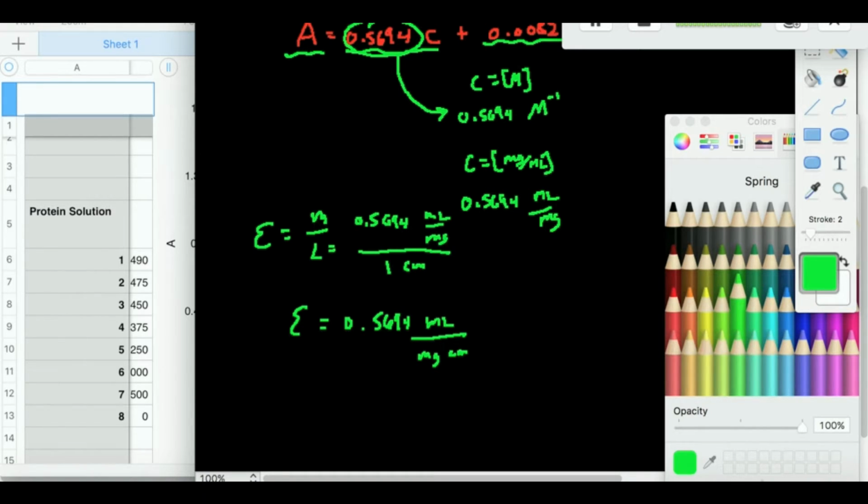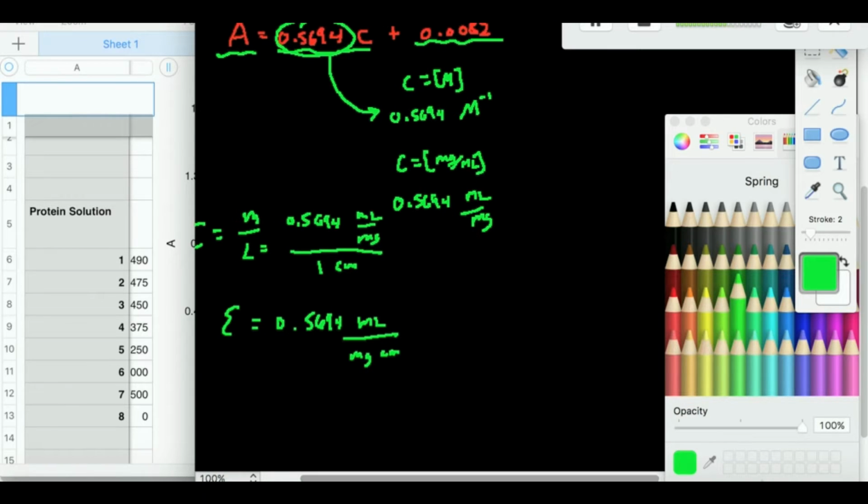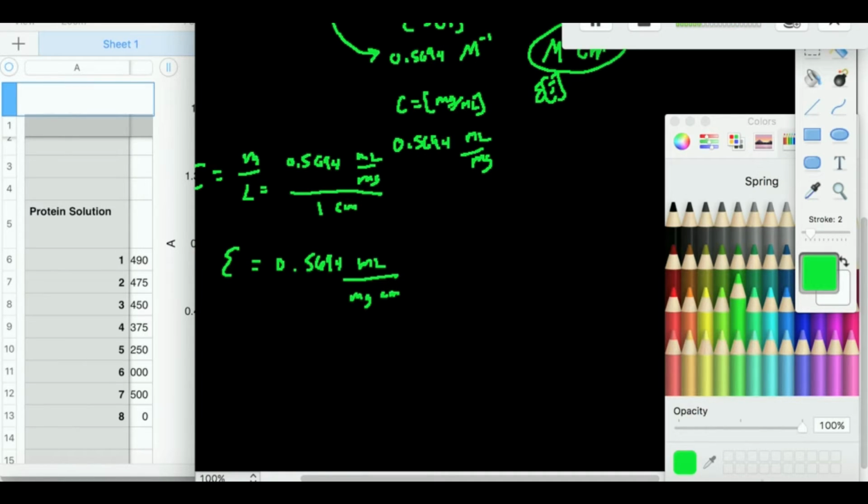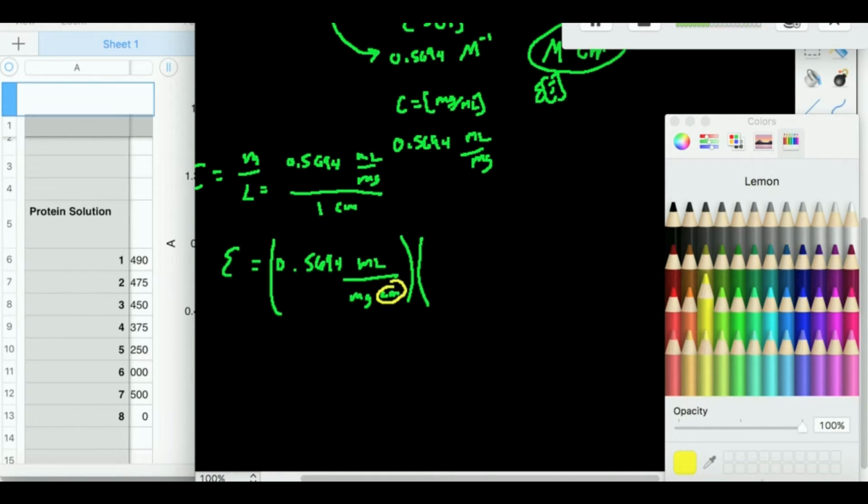Now, one thing I'm going to show you how to do is convert this to what we usually say are the units of the extinction coefficient, which are inverse molar, inverse centimeter. These are really the units you want for the extinction coefficient because that's generally how it's always reported. So I need to convert this into units of inverse molar, inverse centimeter. Inverse centimeter is already there, so I'm just going to worry about converting milliliters per milligram to inverse molar.